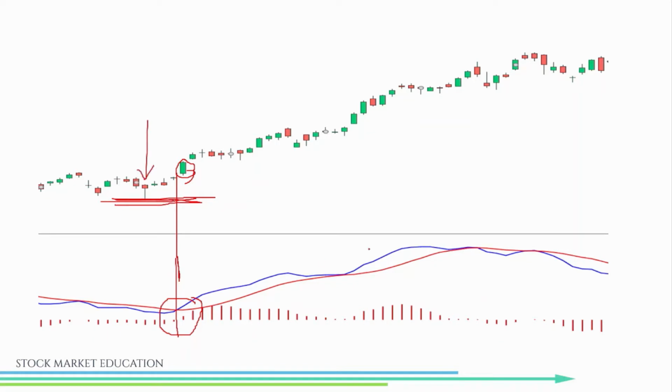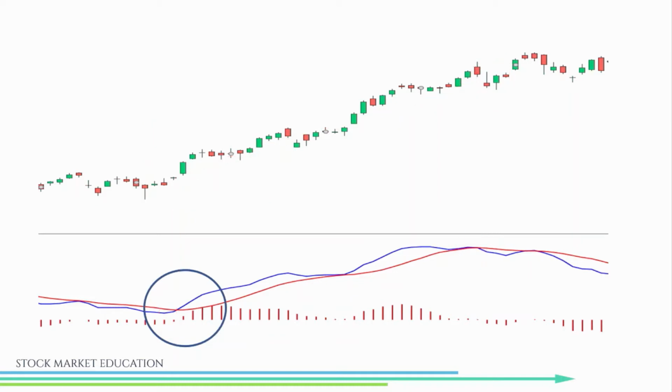And here you can see up to this point there was a negative crossover. So we could take easily this much rally just by using plain MACD, and we could have exited or booked our profits. This was the positive crossover, and then there was this negative crossover.